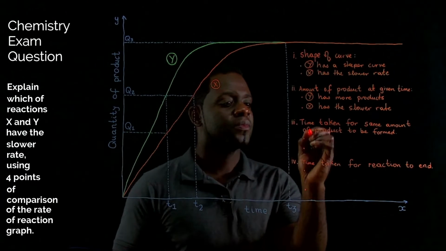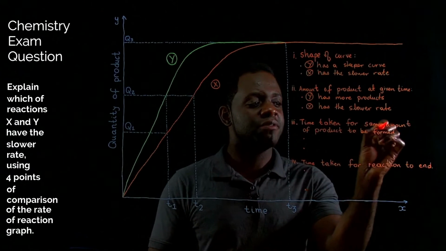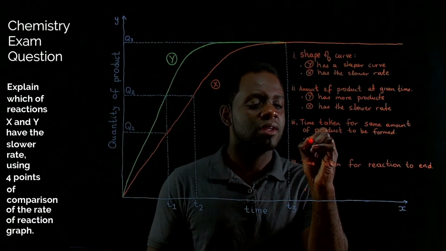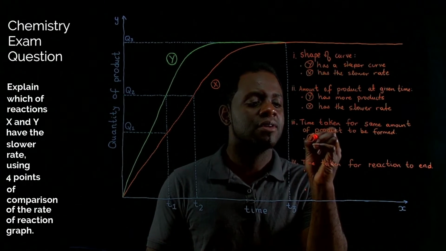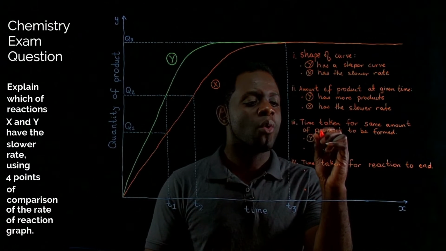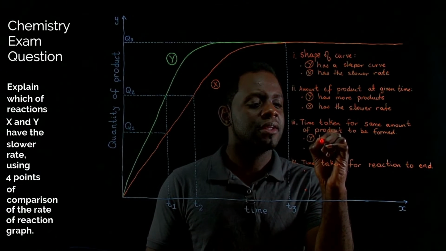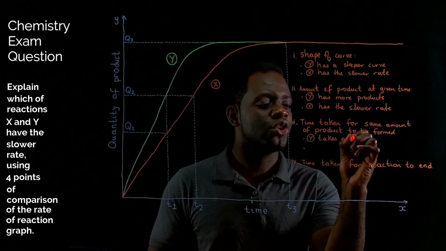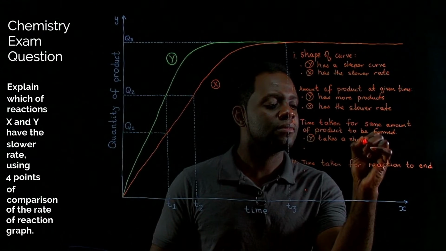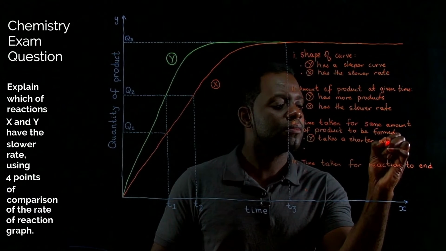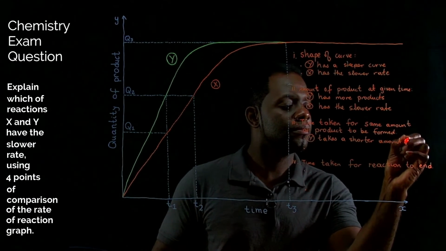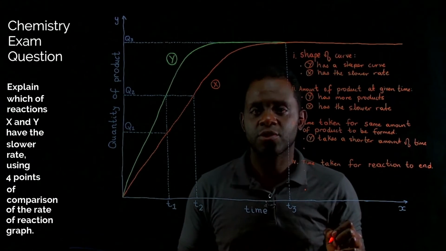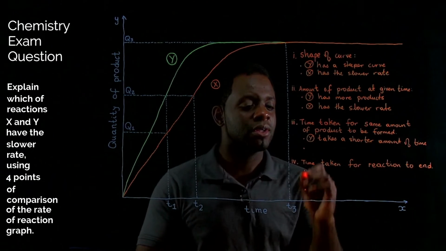So the time taken for the same amount of product to be formed, based on the graph, we can conclude that Y takes a shorter time than X to form the same amount of product.